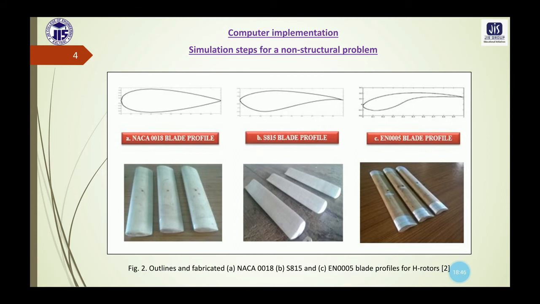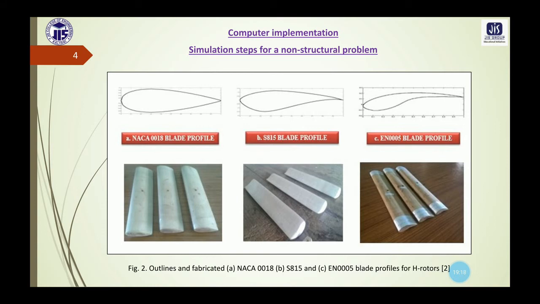Actually some performance improvement of wind turbine has been done in the papers that I have considered here. All of you know that in case of any wind turbine, it may be horizontal axis or vertical axis, the blades rotate.